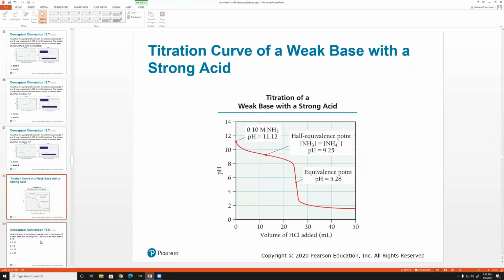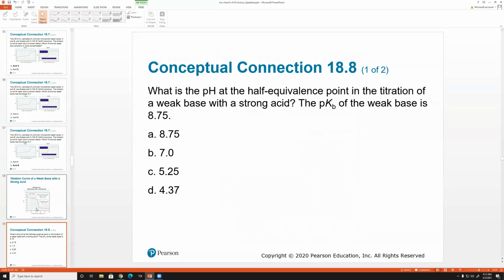Then for titrations of weak bases with strong acids, it's basically the opposite. You start off at a high pH, and your equivalence point is right here at the inflection. The halfway point is where pH equals pKa of the weak base, which would be essentially pretty high.